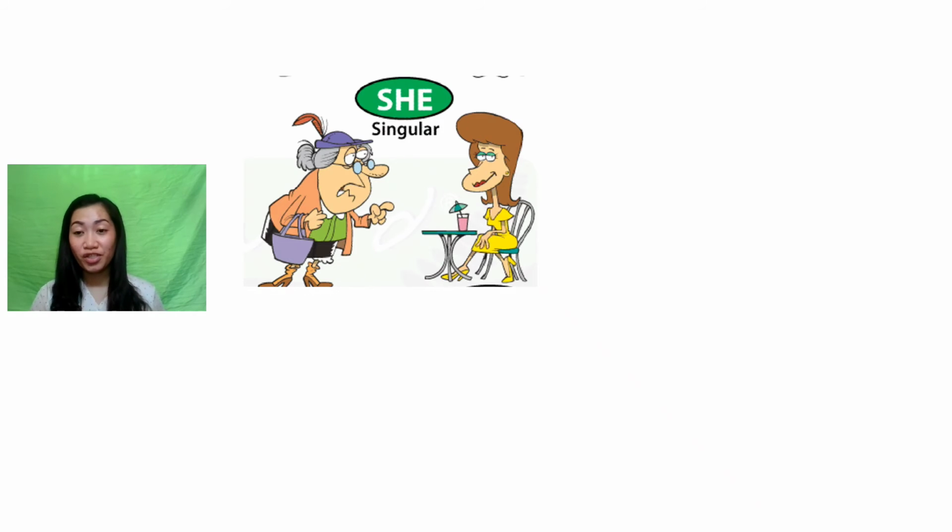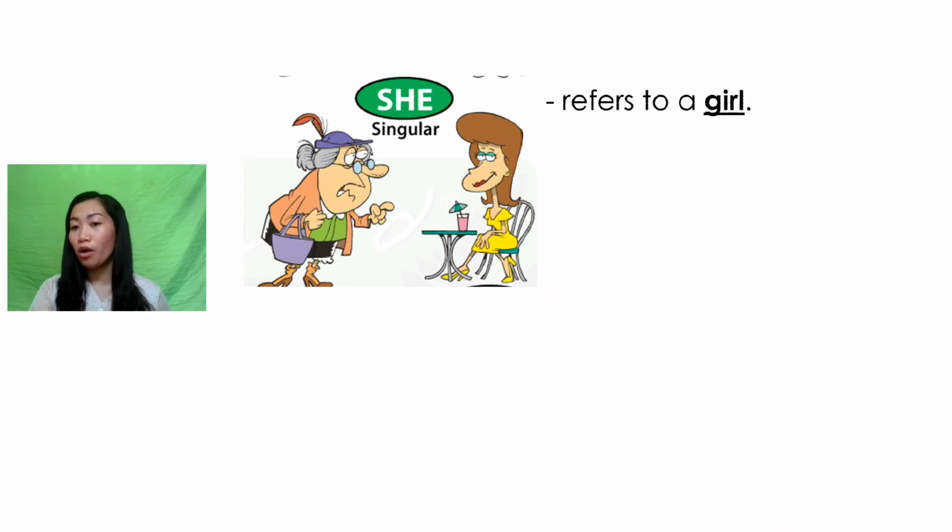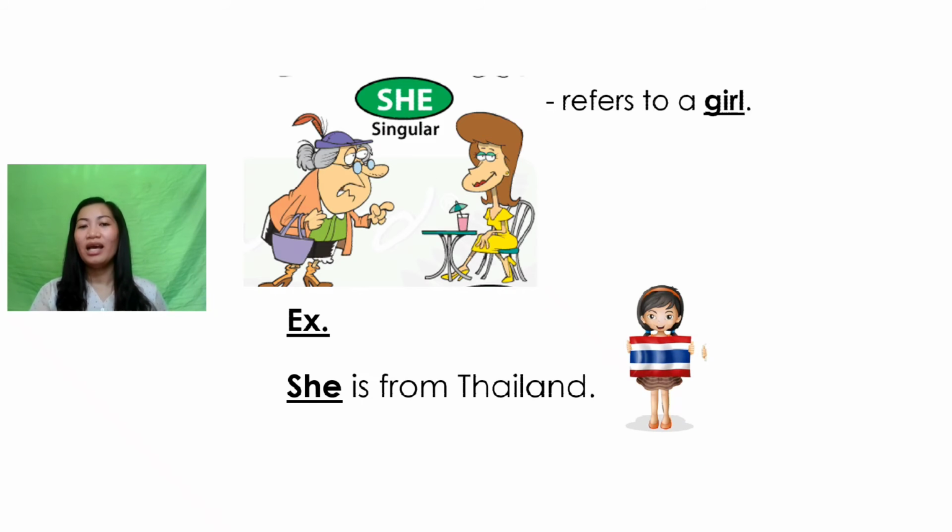How about she? When are we going to use the pronoun she? When we say she, it refers to a girl, a female, a woman. For example, she is from Thailand.